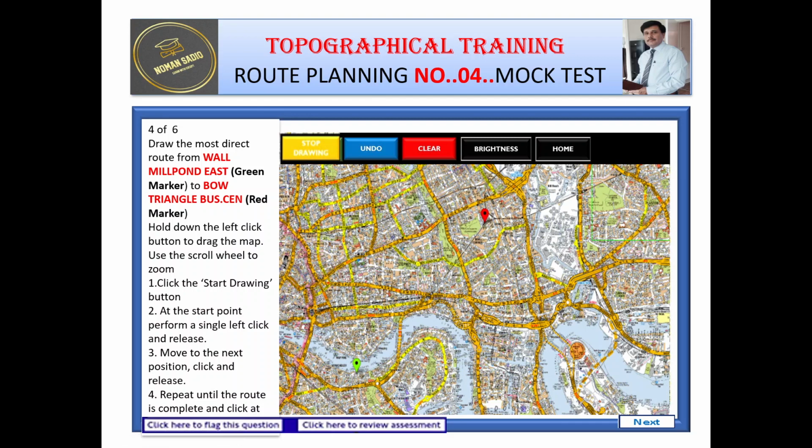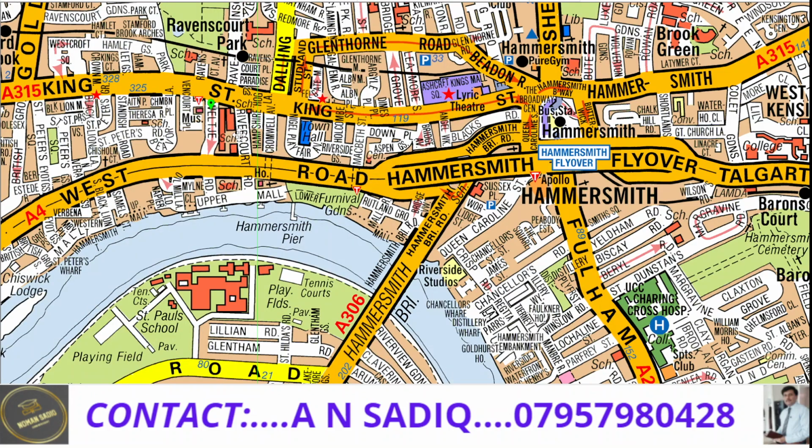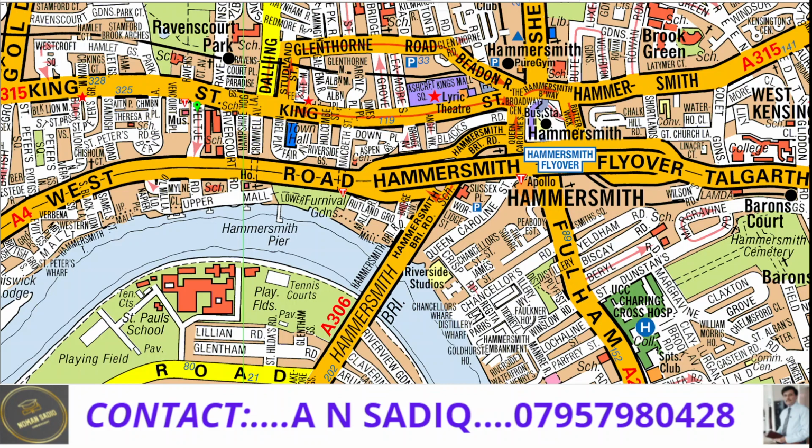Now I am showing you the same thing on the interactive map. Since I have pressed the start drawing button, now I can start drawing my route. First of all, you have to click on this green marker, and you click and drag, click and drag.